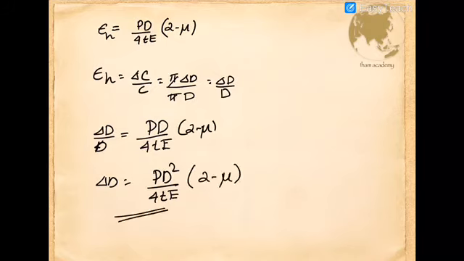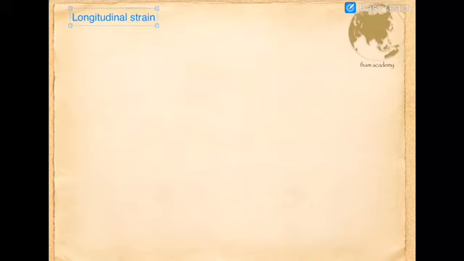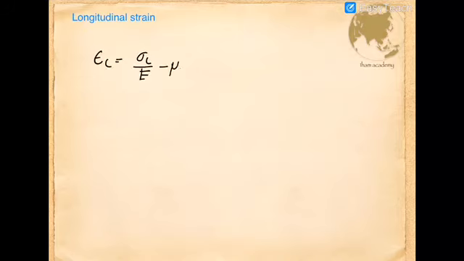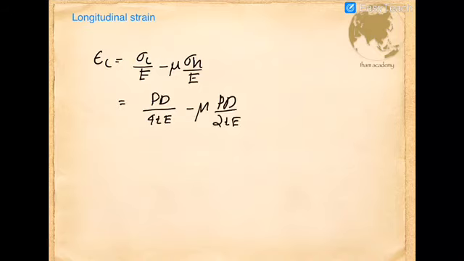Next one, that is the longitudinal strain, which will result in change in length value. So that particular strain can be taken as sigma L divided by Young's modulus minus mu into sigma h divided by E value. So substituting the value of corresponding longitudinal stress and hoop stress, we will get this expression.